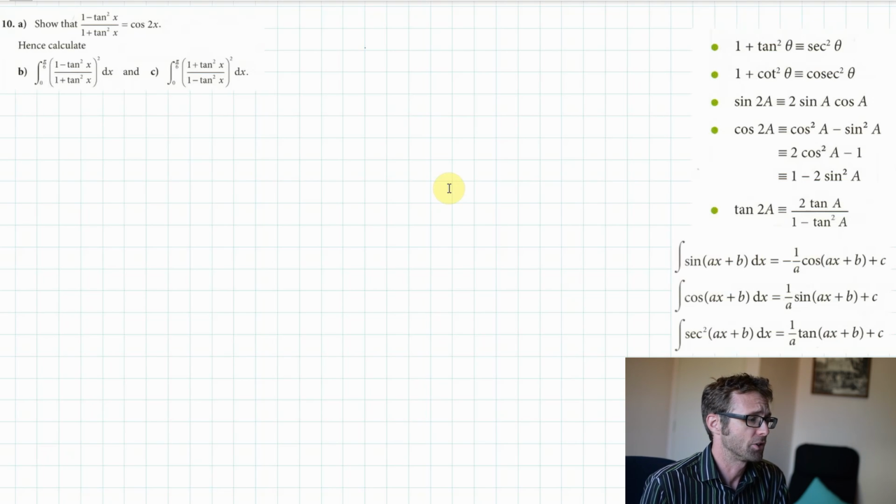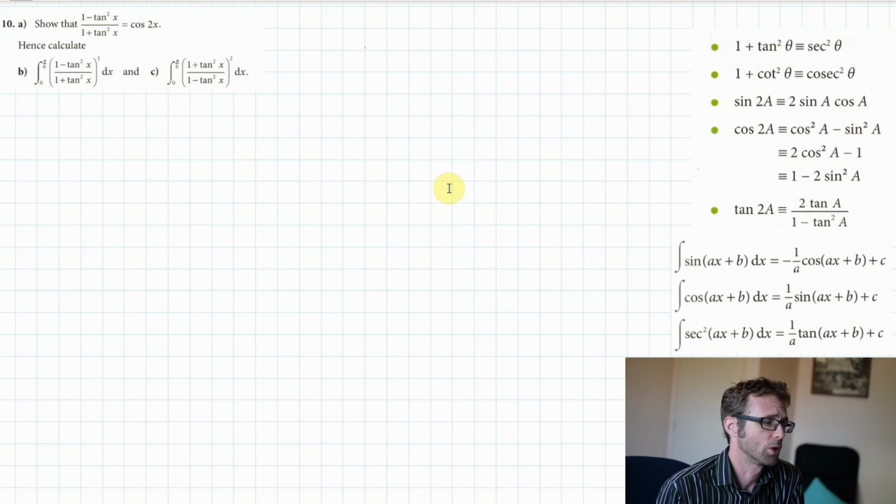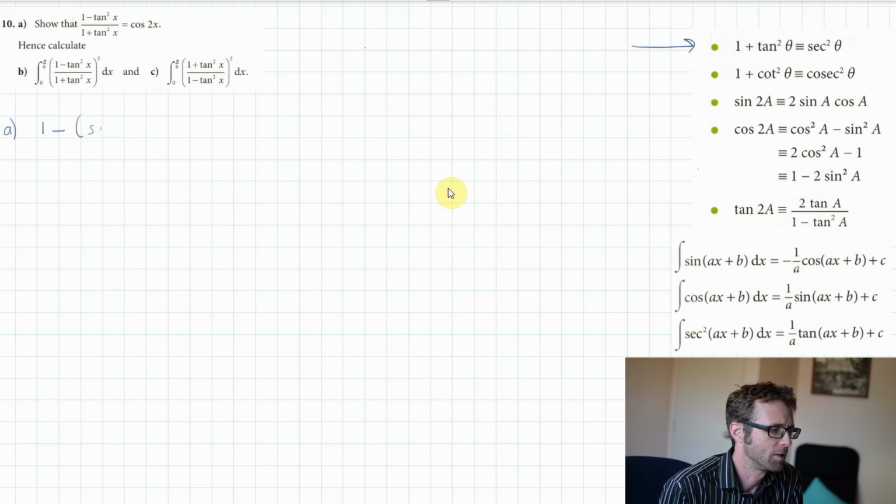Okay, so I'm using this time to look at exercise 5.4 number 10, and I am trying to show that 1 minus tan squared x over 1 plus tan squared x is equal to cosine 2x. My first step is to say on the top I'm going to have 1 minus, and using this identity here, tan squared x is sec squared x minus 1.